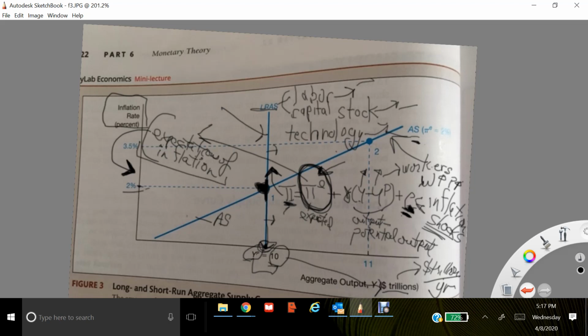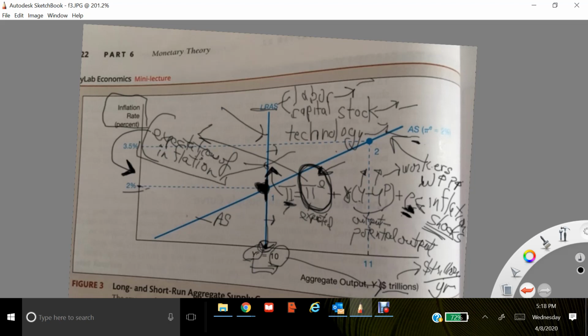And we're going to see when that's not true and what kind of adjustments would occur if, for example, the aggregate supply curve would be over here. For this output, inflation would be higher than the equilibrium level.